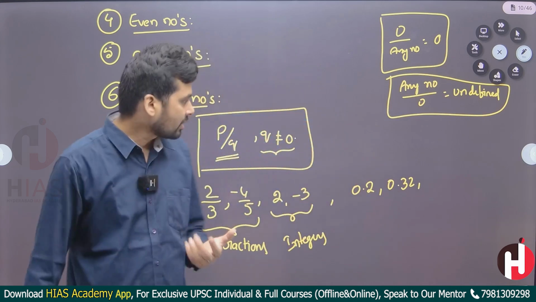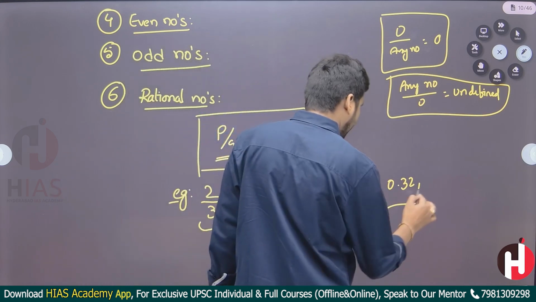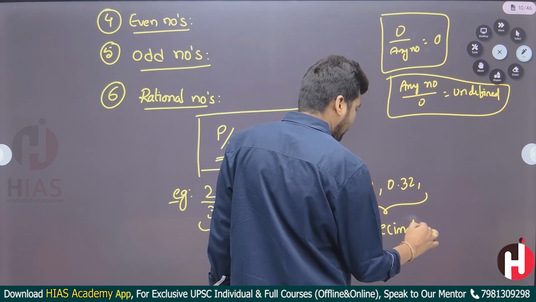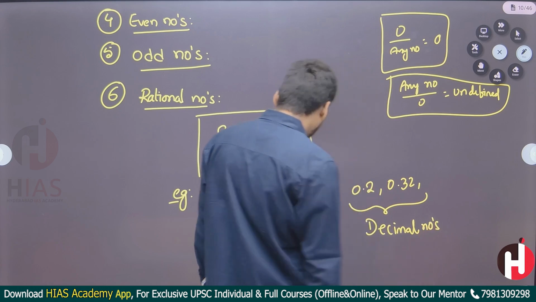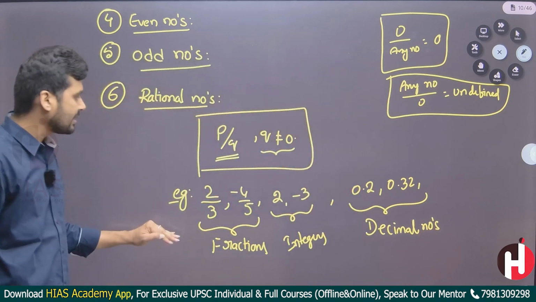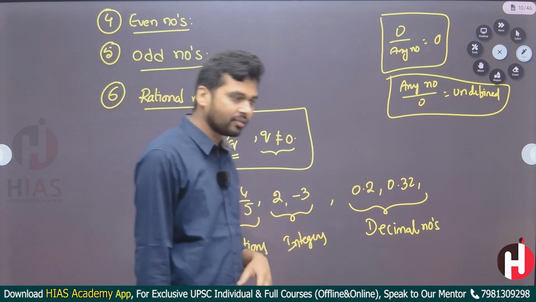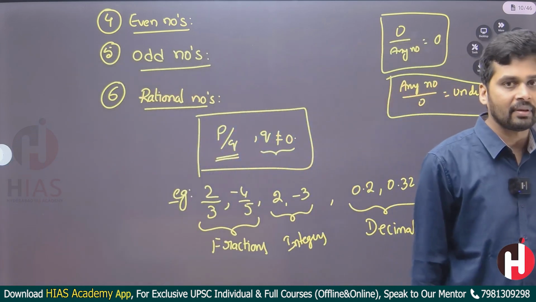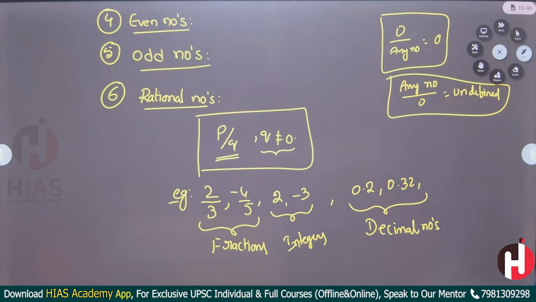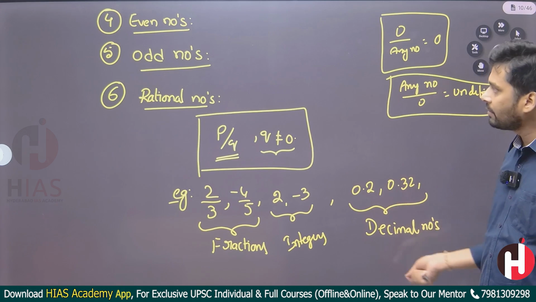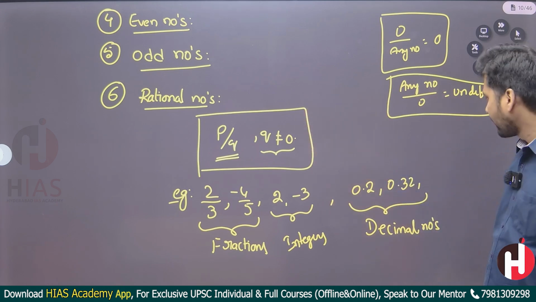So rational number examples are: all fractions, all integer numbers, and even the decimal numbers. Any decimal number is also a rational number.